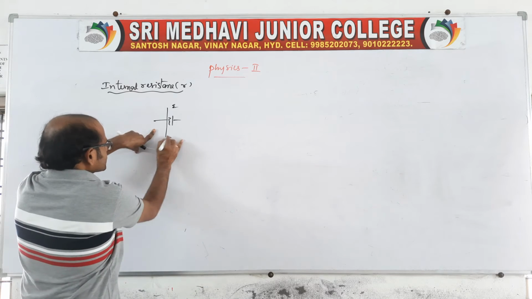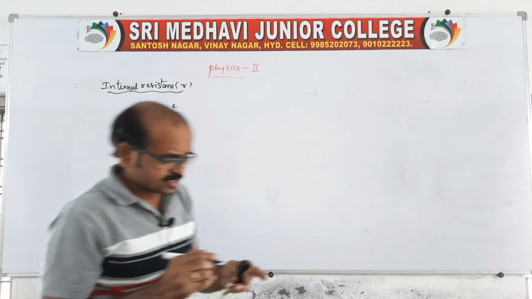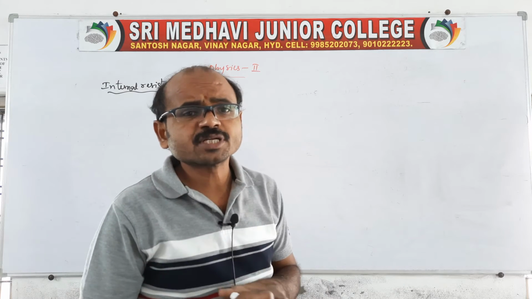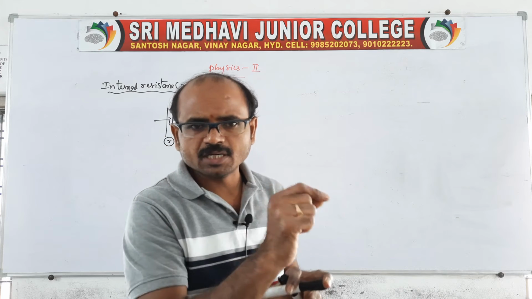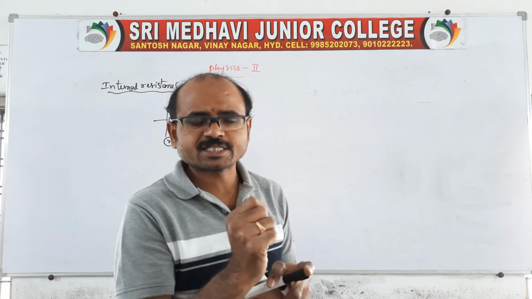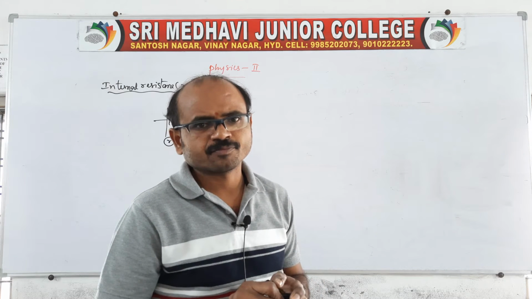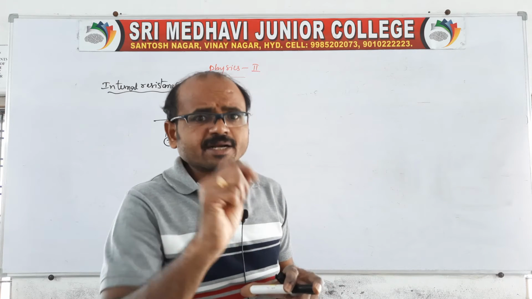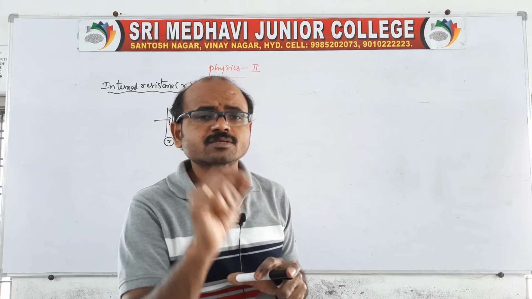That internal resistance always opposes the flow of charge. It is nothing but the opposition offered by the electrolyte. As I told you, the cell is filled with a liquid, and the liquid acts like an electrolyte. In batteries, the carbon black is also an electrolyte.